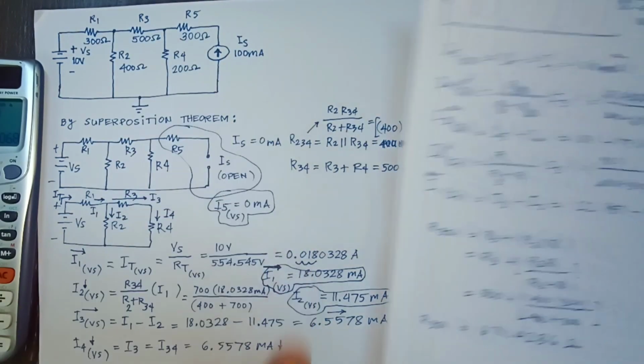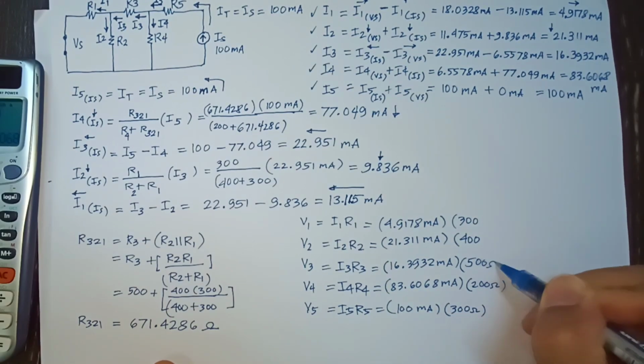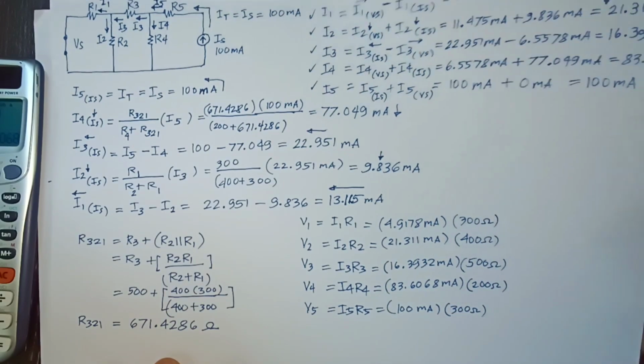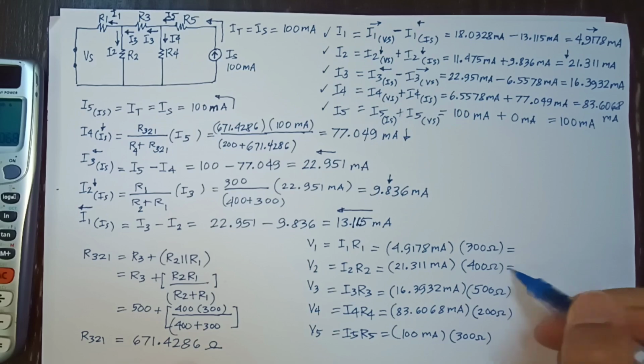That's how easy it is. But if your currents are all wrong, then your voltages will also be wrong. That's why be careful in calculating the currents, because voltage calculation is so easy.